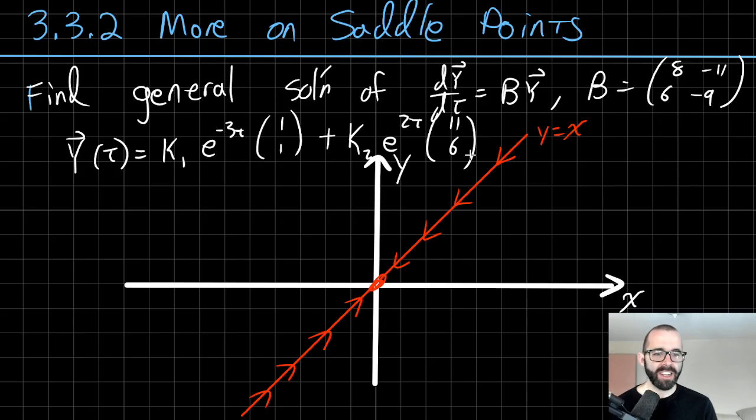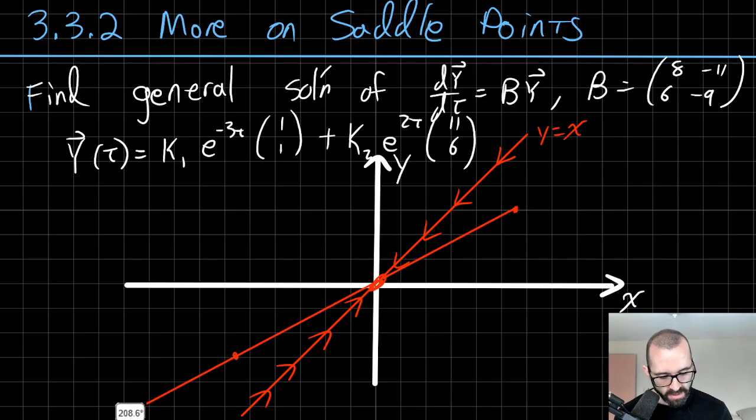And there's another straight line solution that's a little bit more interesting. 11, 6. I'm going to do 5.5, 3. 1, 2, 3, 4, 5.5. 1, 2, 3. That's a little easier to count. And hopefully, if I graphed right, I can draw a line through all of this.